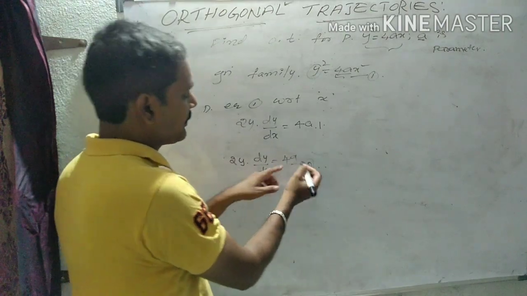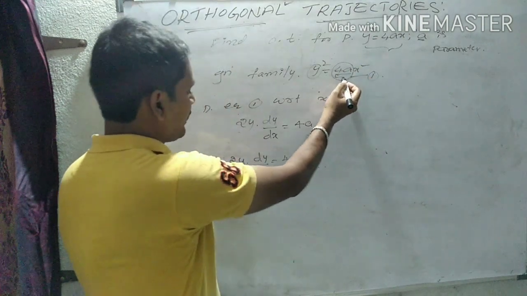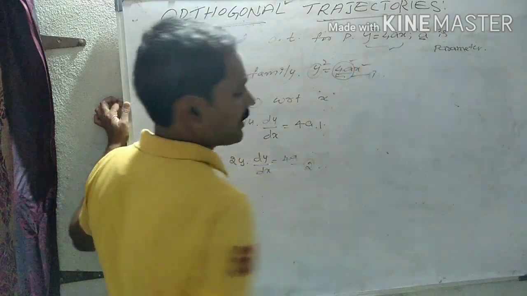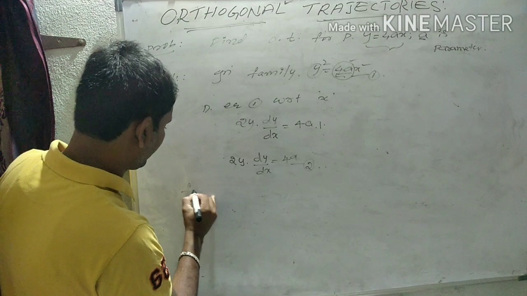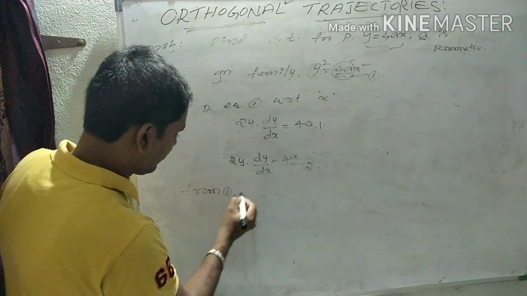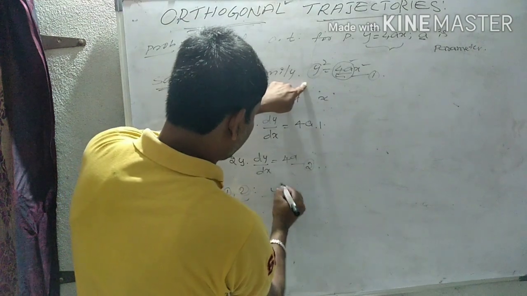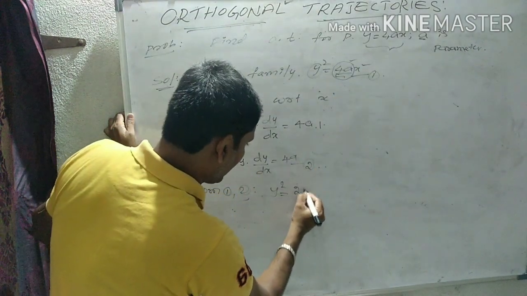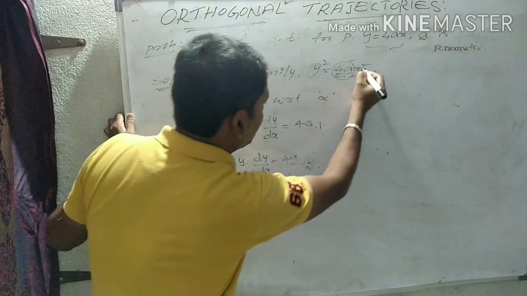We can use 4a equal 2y dy by dx. Then we get rid of the parameter a. So from 1 comma 2, y square as it is equal 4a, and 4a equal 2y into dy by dx into x.